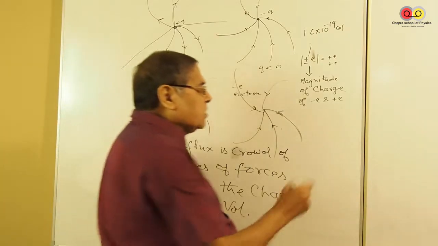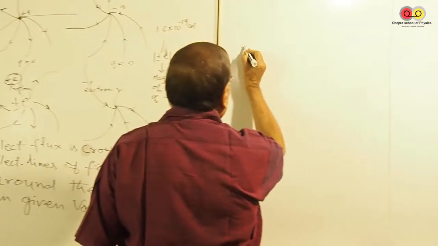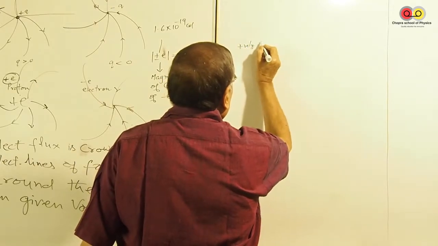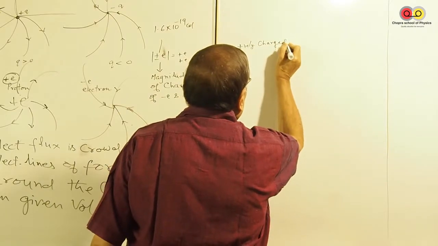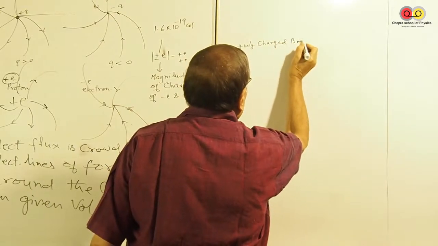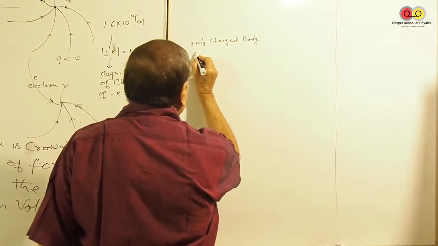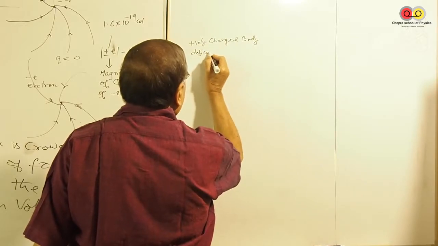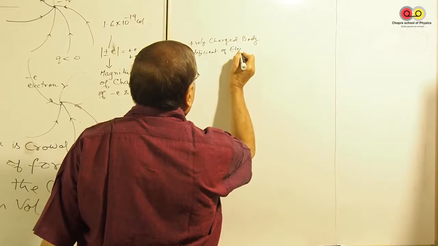So a positively charged body is deficient of electrons.